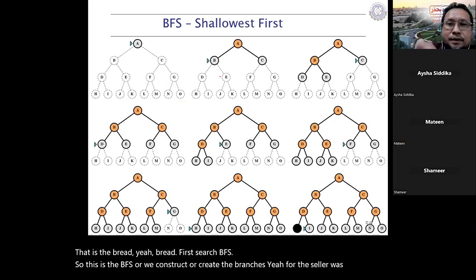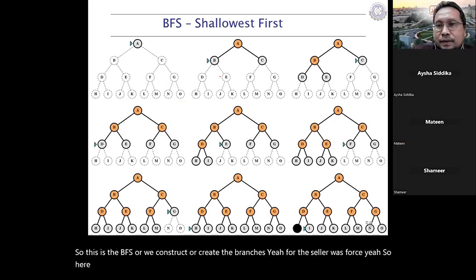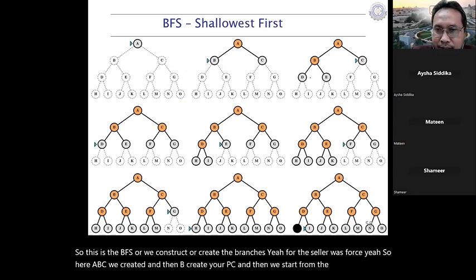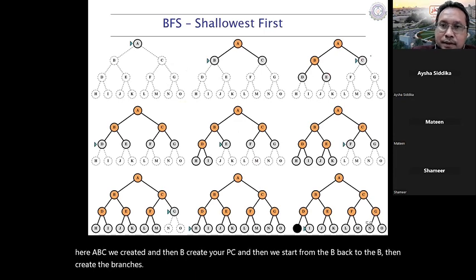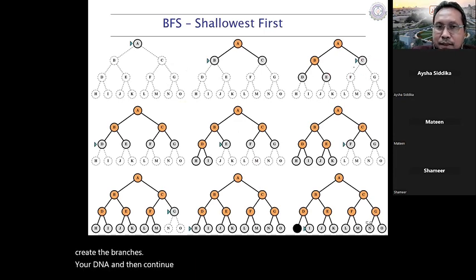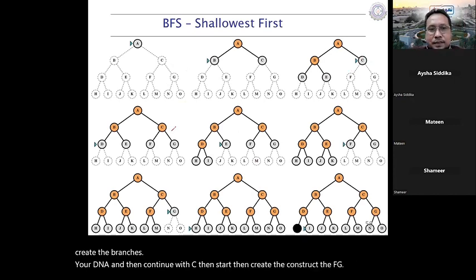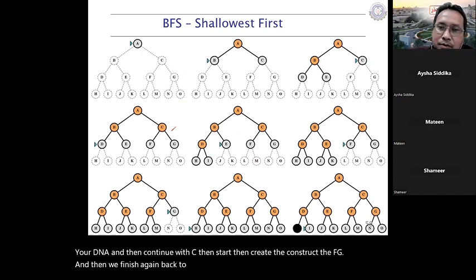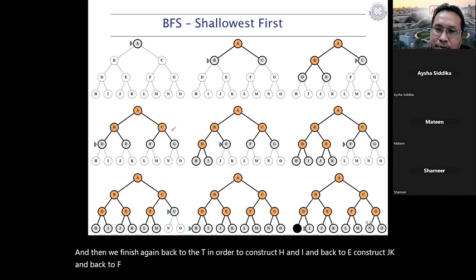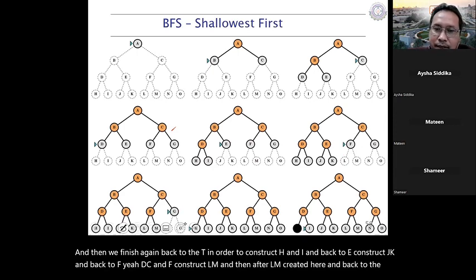Here A creates B and C, then we go back to B and create D and E, and then continue with C to construct F and G. Then we go back to D to construct H and I, back to E to construct J and K, back to F to construct L and M, and back to G to construct N and O.